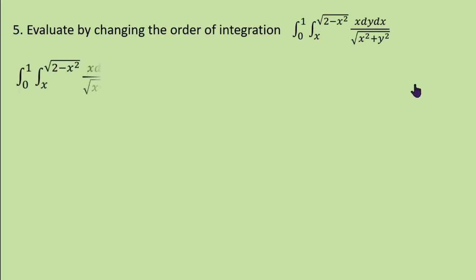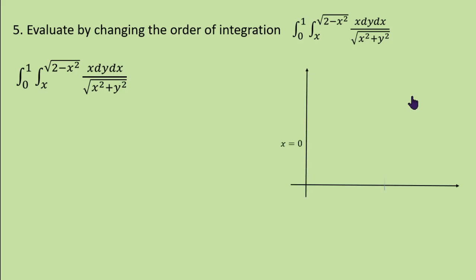Okay, anyhow, the given area is: the outer limit is dx, therefore x varies from 0 to 1, x equal to 0, x equal to 1. Take any x between 0 and 1, y equal to x, that is a straight line, y equal to x, and the upper limit is a circle, a part of the circle.